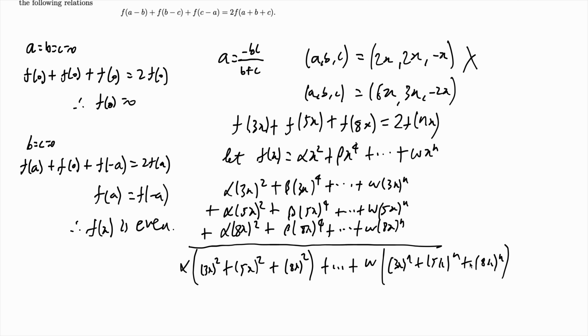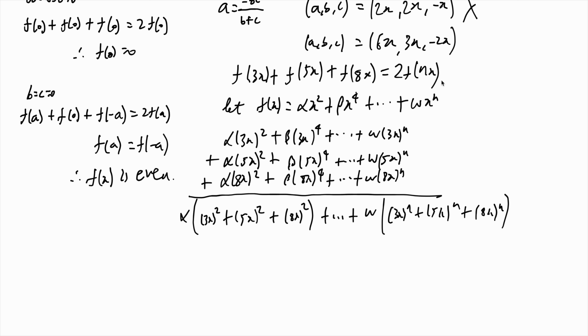And let's rewrite this. We know that this is also equal to 2 times what we substituted here. So alpha times 2 times 7x squared and so on.